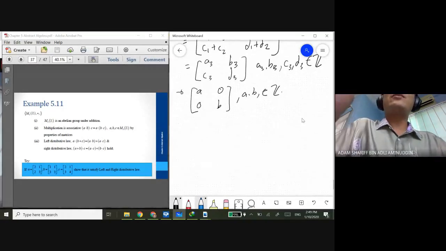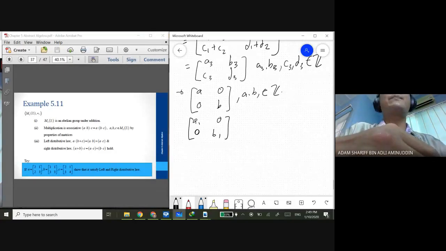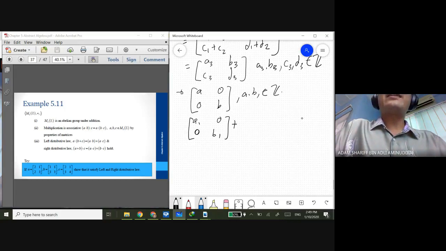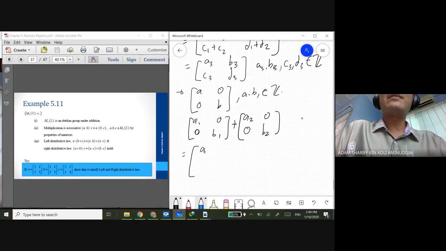However, how do you add two matrices A1, 0, 0, B1? Suppose you get this kind of special matrix A, 0, 0, B, how do you add this one? It becomes like this: A1 plus A3, this one still 0, 0, B1 plus B2. Right?